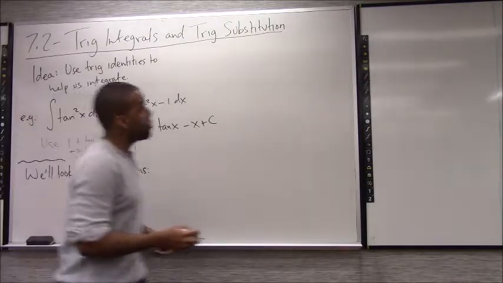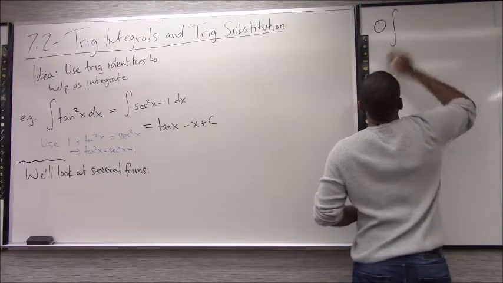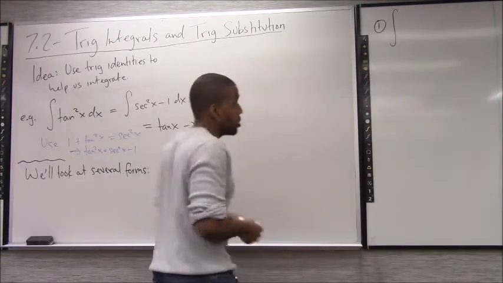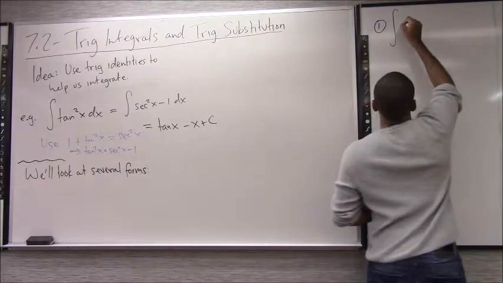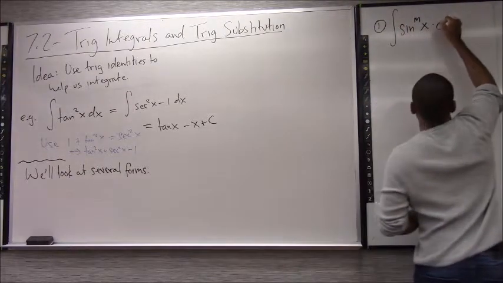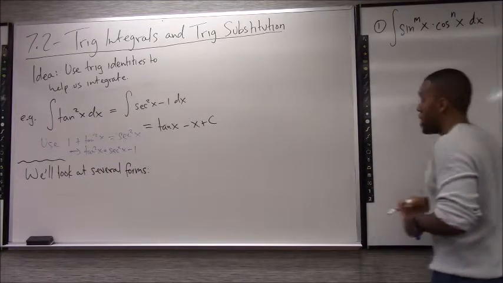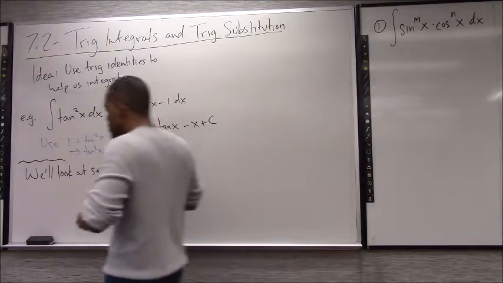The first form I want us to look at is if you have a product of sines and cosines. So let's say you have sine to the mx times cosine to the nx, where m and n are just integers.